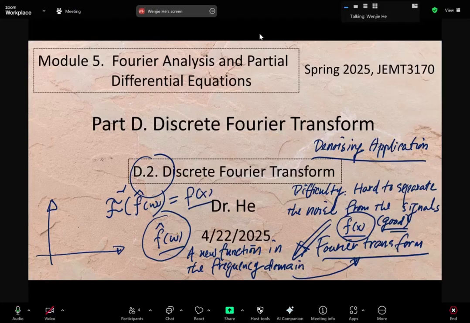When you draw, some parts are low frequency, some parts are high frequency, because now we look at the function in the frequency domain. Then people observed there is an important property in this frequency domain, so people want to take advantage of this property. So what's that property? A new property.